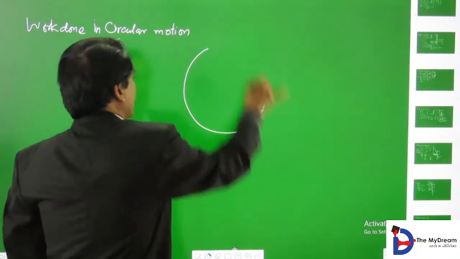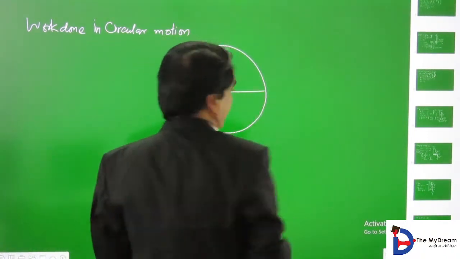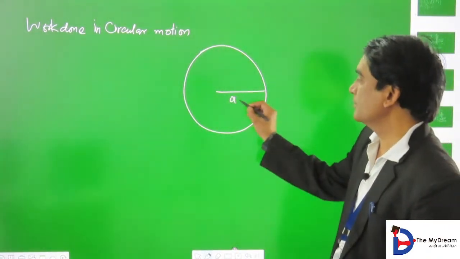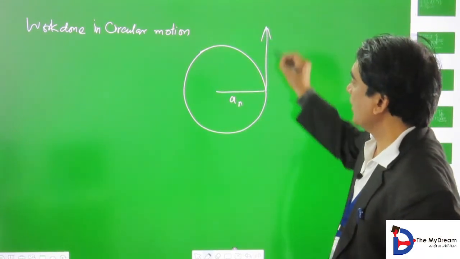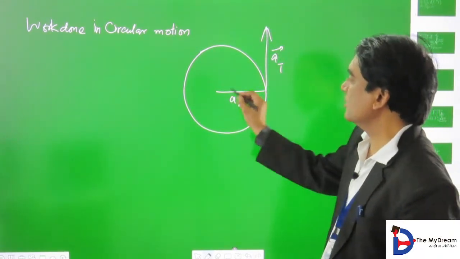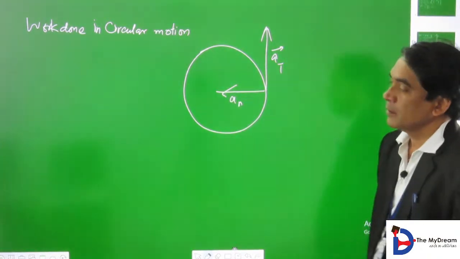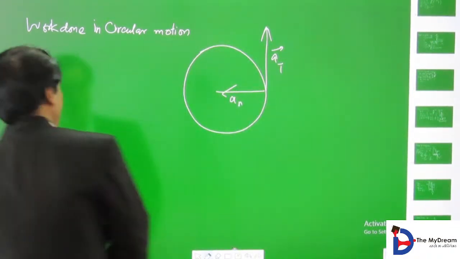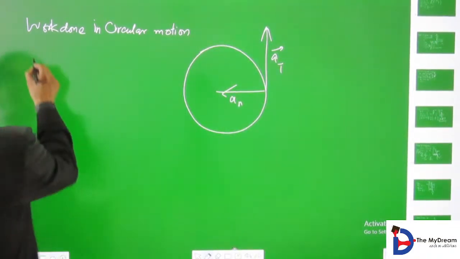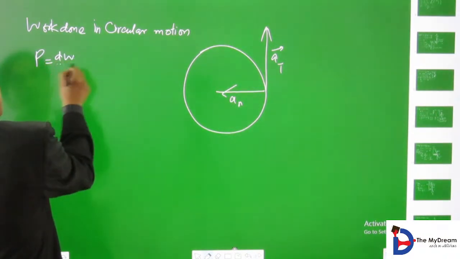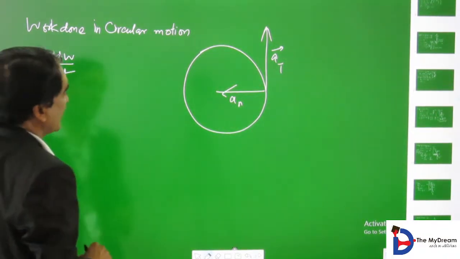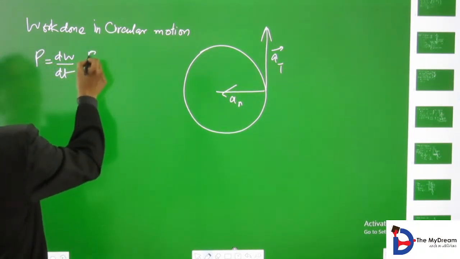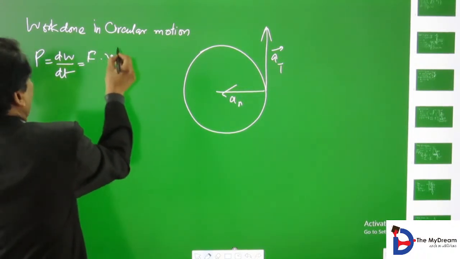This is a tangential action. The rate of doing work is called power. तो पावर is equal to delta W upon delta t, ये तो अंडरस्टूड है। पावर का एक फार्मूला होता है force into velocity.